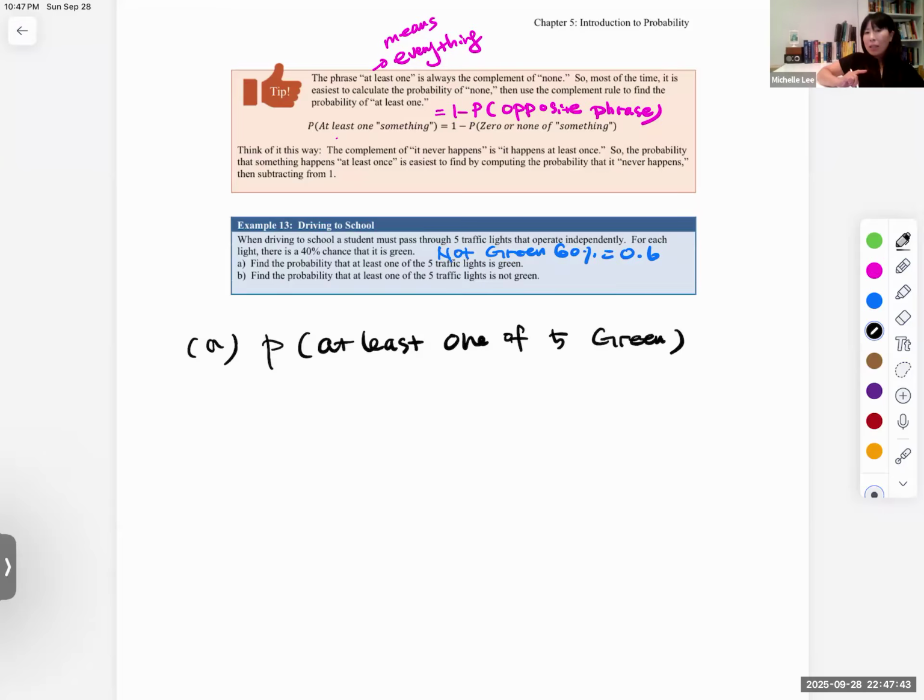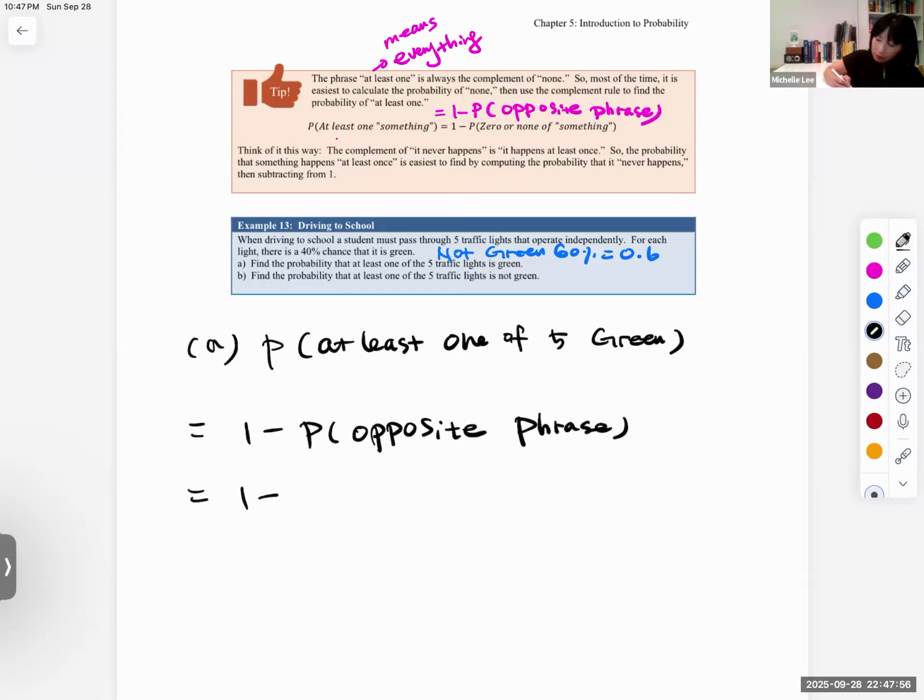If we say at least, we are using the complement rule, so 1 minus the opposite phrase. At least 1 of 5 means all 5 green.